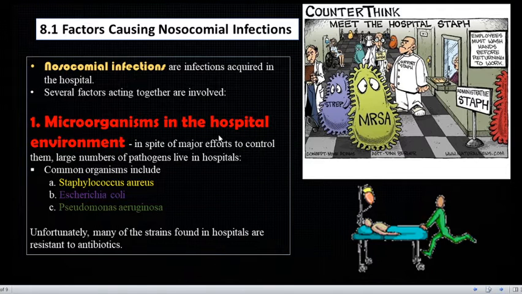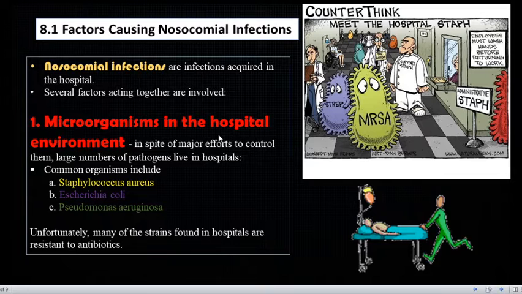So, nakukuha mo siya during the duration that you are staying inside the hospital. So, pwede rin na hindi ka isang patient while you are visiting a relative that is inside the hospital. So, any infection that you can get inside the hospital is called nosocomial infection. Please bear that in mind.